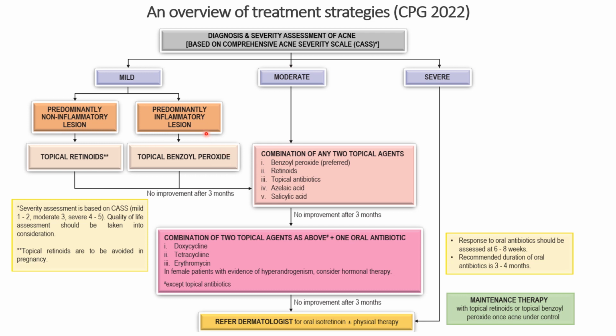But as you go up the scale in terms of acne severity, a combination of topical agents is required, such as benzoyl peroxide, retinoids, topical antibiotics, azelaic acid, or salicylic acid. If these don't work, an oral antibiotic should be added. Unfortunately, for severe acne, the only treatment option available is oral isotretinoin, and at this point, the patient should be referred to a dermatologist.